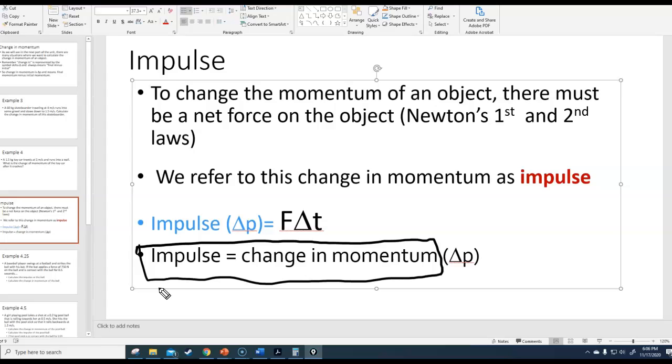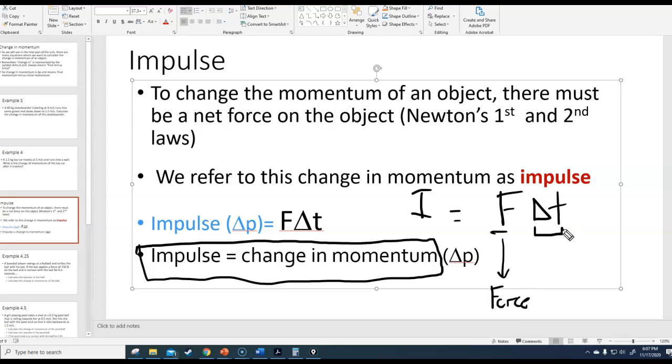So in the past few slides, we did calculations with delta P, where that's just mv final minus mv initial. Impulse also has its own equation. So the symbol for impulse is a capital I, and the equation for impulse, we write F times delta T. Okay, now F is the symbol for force.